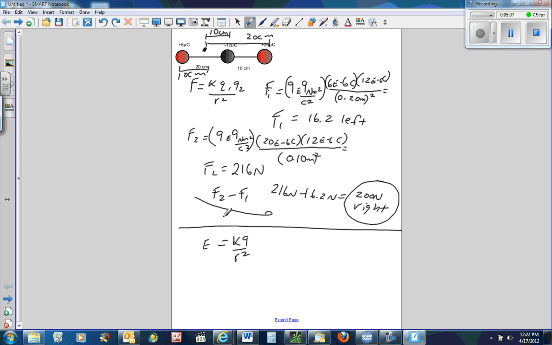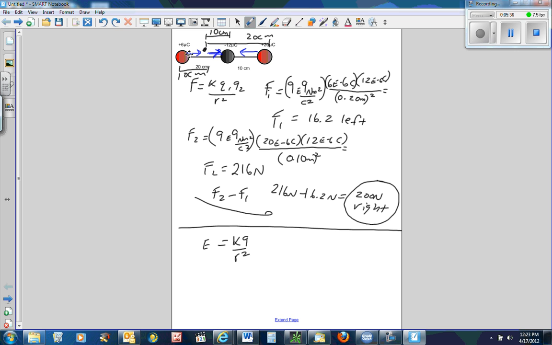So how do we find it? Well, let me get a different color here. The electric field always goes out of a positive, so on this side of this positive, it's going to be pointing that way. This one is negative, so it's going to be pointing in. Remember, the electric fields go into negative and out of a positive. And then this one, it always goes out of a positive, so it's going to be pointing this way.